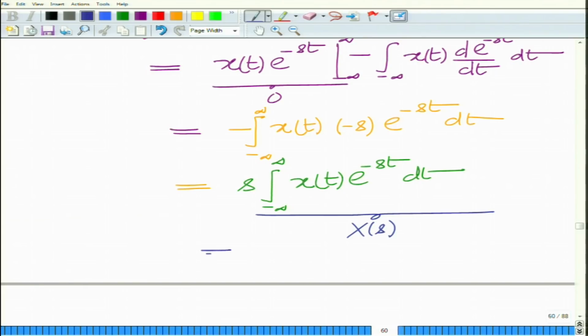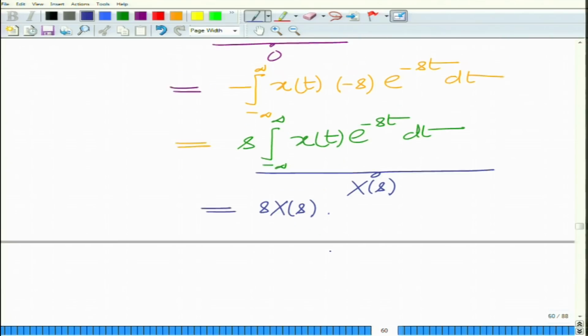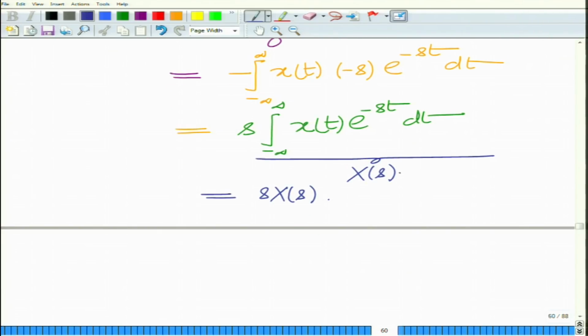simply of x(t). So, this is s times X(s), and the region of convergence will be the same because X(s) exists whenever the Laplace transform of x(t) exists. So, the region of convergence is the same as that of x(t).